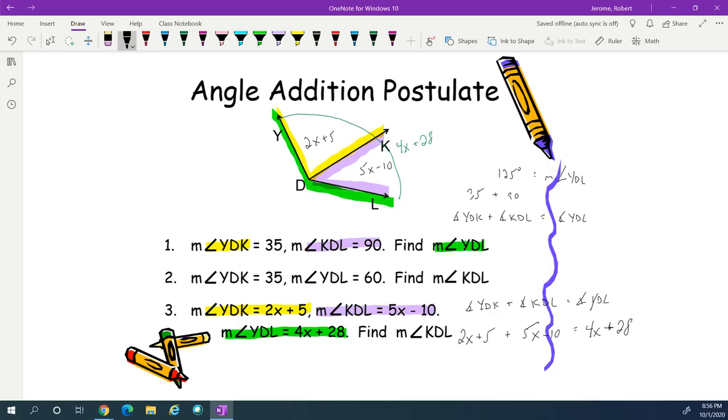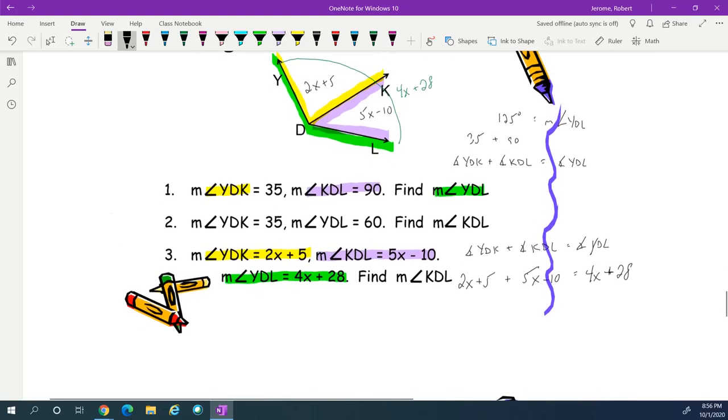And we're going to do some algebra. I'm just going to slide my screen a little bit. So let's see what we have here. We have 7x minus 5 equals 4x plus 28. So 3x, we're going to add 33, and x equals 11. But notice what they asked us to find.